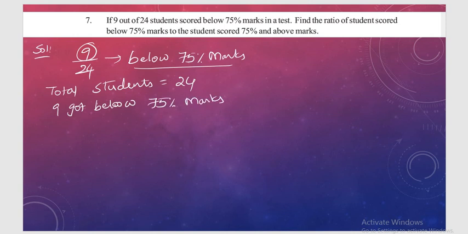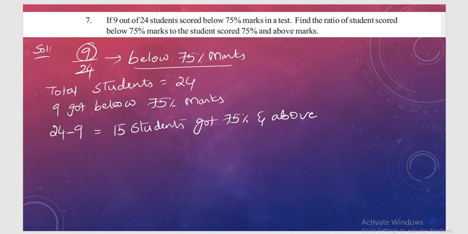Then how many got 75% and above? That can be written as 24 minus 9, which is 15 students. So 15 students got 75% and above marks.